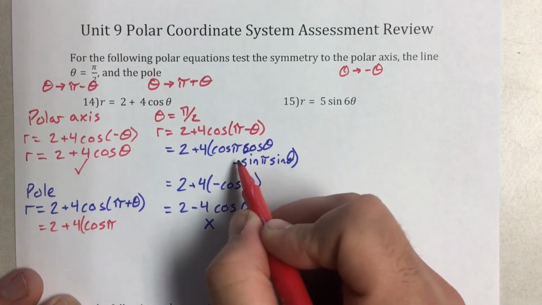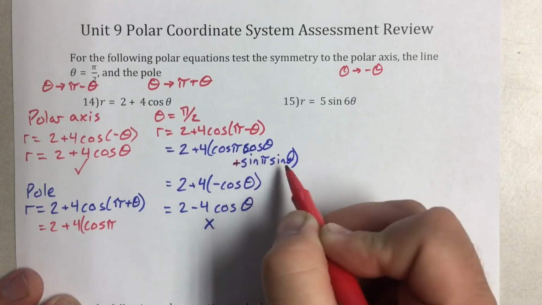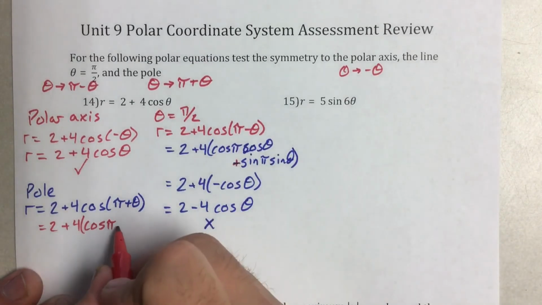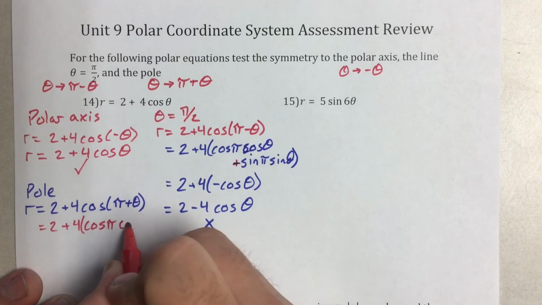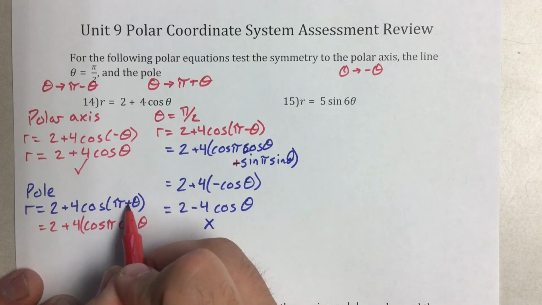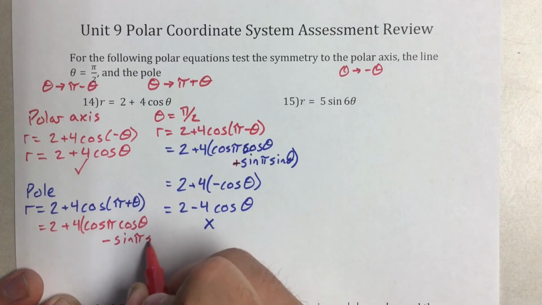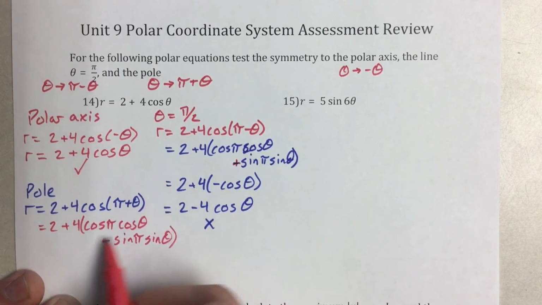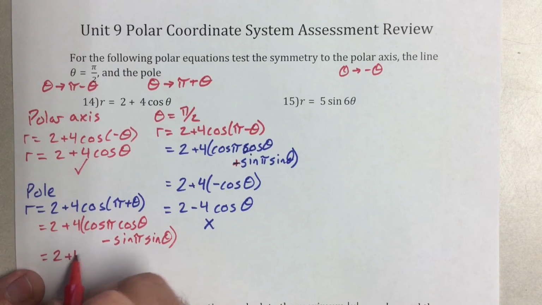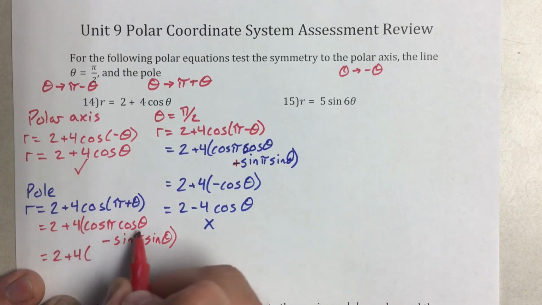If I'm subtracting, that should be addition, but it didn't matter because it turned to 0. Just realized that. So cosine of theta, it's addition, so we have subtraction, sine of pi sine of theta. All right, again, we get 2 plus 4, negative 1, and then cosine.